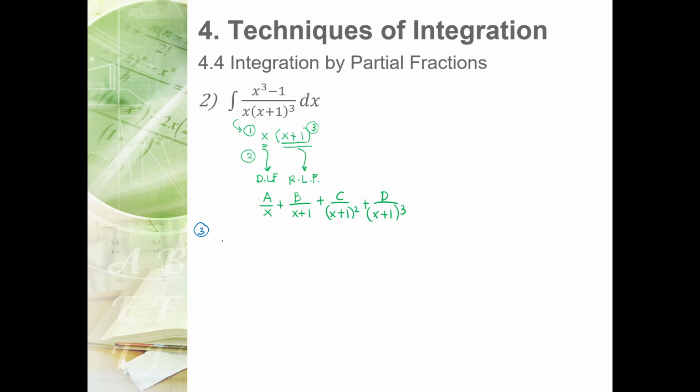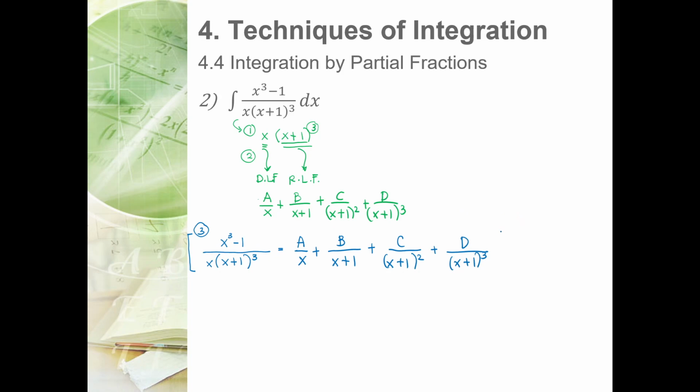So again, writing the original equation on the left side: x cubed minus 1 all over x times (x plus 1) cubed. It is equal to A all over x, plus B all over (x plus 1), plus C all over (x plus 1) squared, plus D all over (x plus 1) cubed. So notice that we're going to solve 4 unknowns now instead of 2.